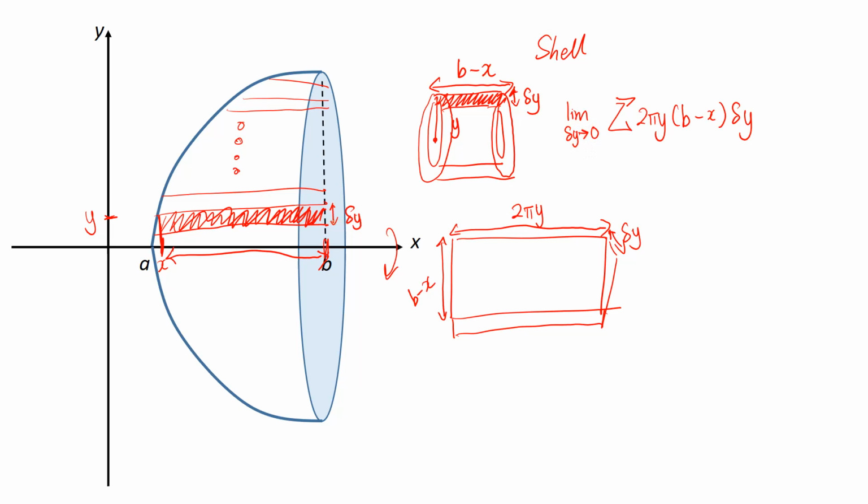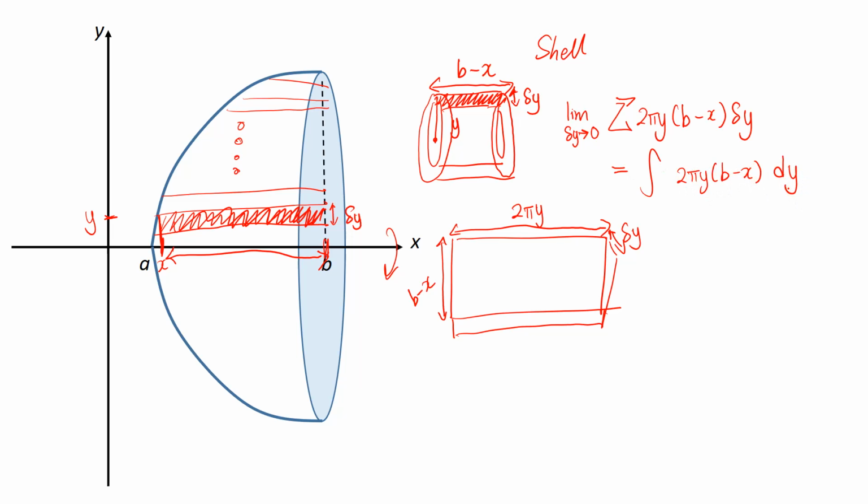Now you need the thickness to be as small as possible, as close to 0 as possible, in order to have a very accurate volume of revolution. That explains why there is a limit when small change in y tends to 0, and this is equivalent to saying you integrate 2 pi y (b minus x) dy.